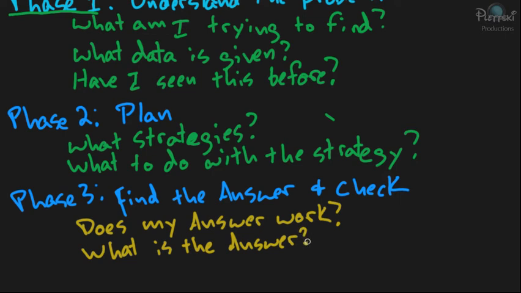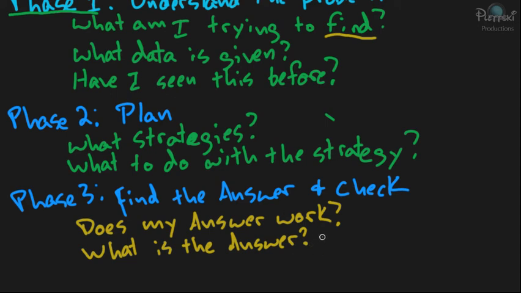Sometimes when you're going through a problem, you may decide what you are trying to find, but partway through you may get what seems like an answer that's not actually the answer. Maybe you solved for a variable, and that didn't actually answer what the question was asking. So what is the answer?